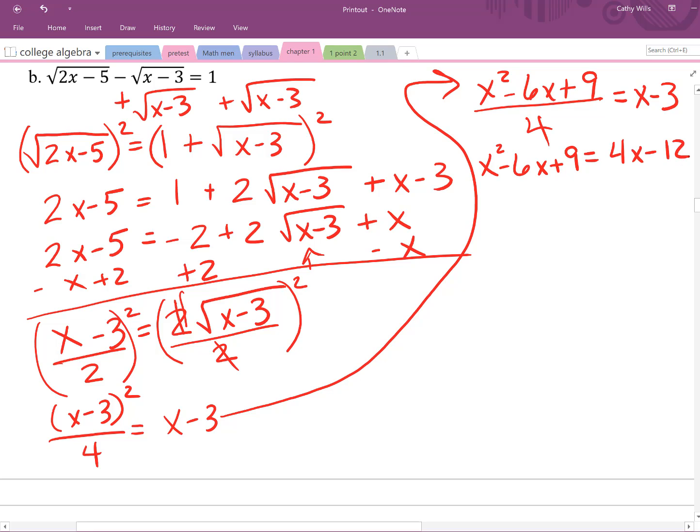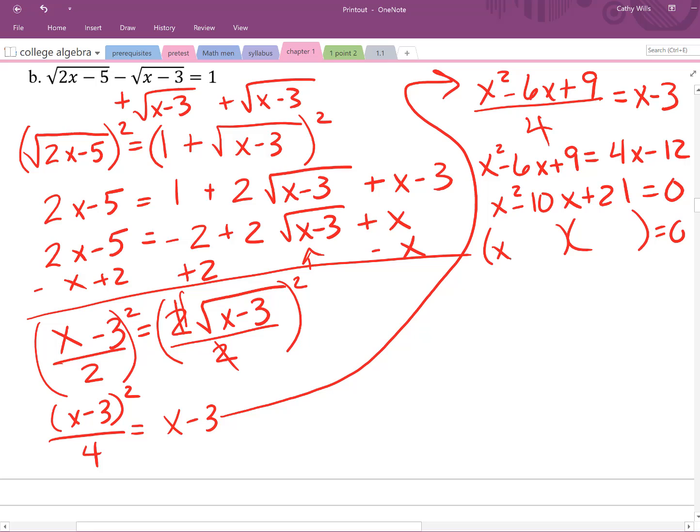I'm going to get everything on one side because we have a quadratic equation. So subtract 4x on both sides and you'll have minus 10x here, and add 12 and you'll have plus 21 equals 0. I know this is factorable because I can see that 21 is 7 times 3 and 7 plus 3 is 10.